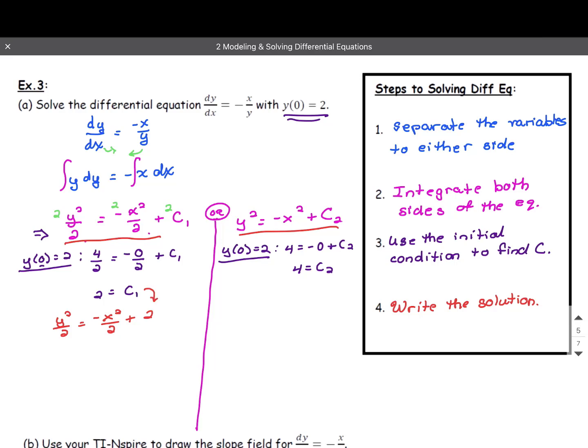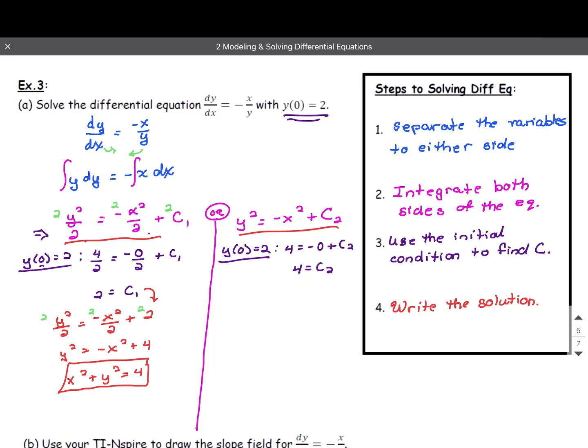We want to put this in standard form, so you know that trick I did earlier? We multiply by the least common denominator, 2, so we had to do it eventually anyway. This gives us y squared equals negative x squared plus 2 times 2, which is 4. Now I see the form. If I add x squared, x squared plus y squared equals 4, I can see I have a circle with a center at 0, 0 and a radius of 2.